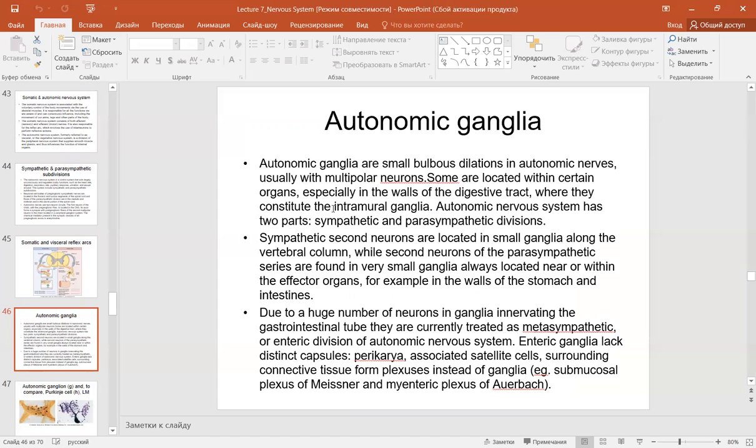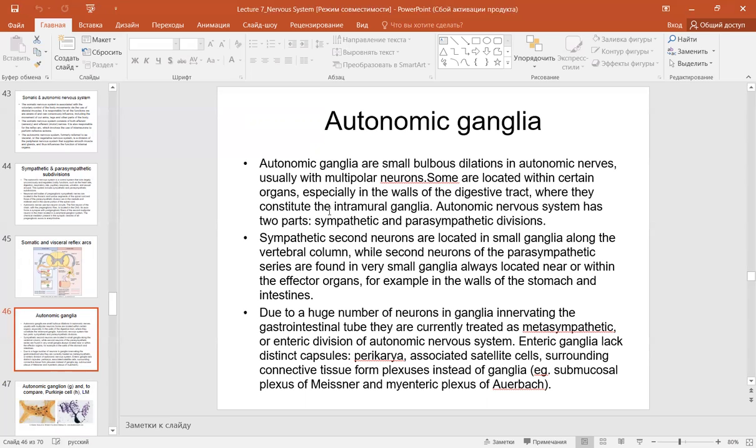Autonomic ganglia are small bulbous dilatations of the autonomic nerves, usually with multipolar neurons. Some are located within certain organs, especially in the walls of the digestive tract, where they constitute the intramural ganglia. The autonomic nervous system has two parts, sympathetic and parasympathetic divisions.